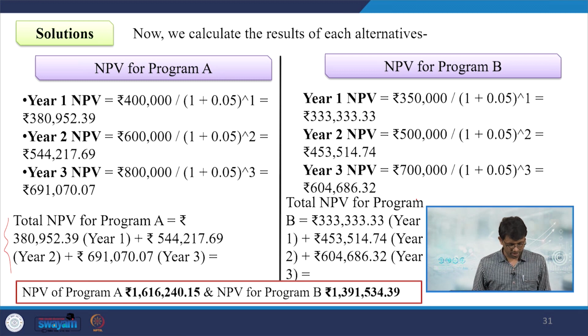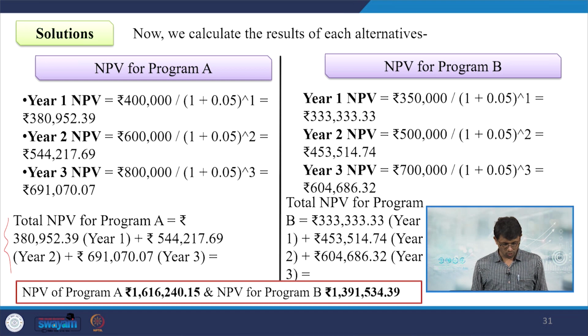So, the net present value of program A is rupees 16,16,240, that is 16 lakh, and for B it is 13 lakh plus, around 13.992.